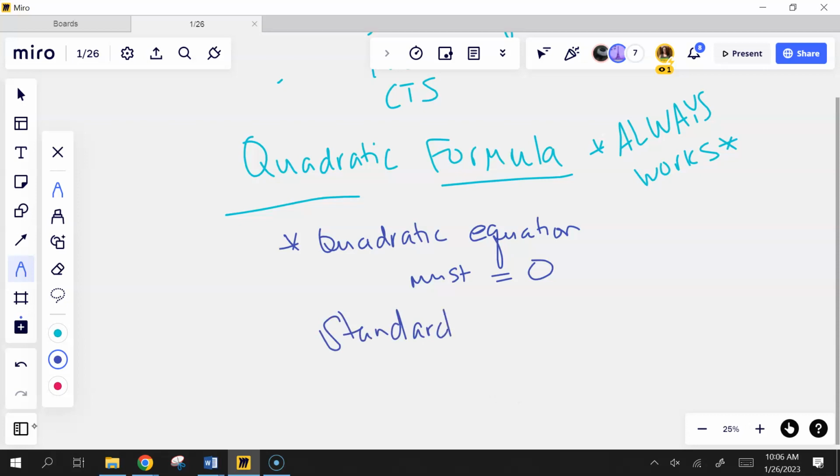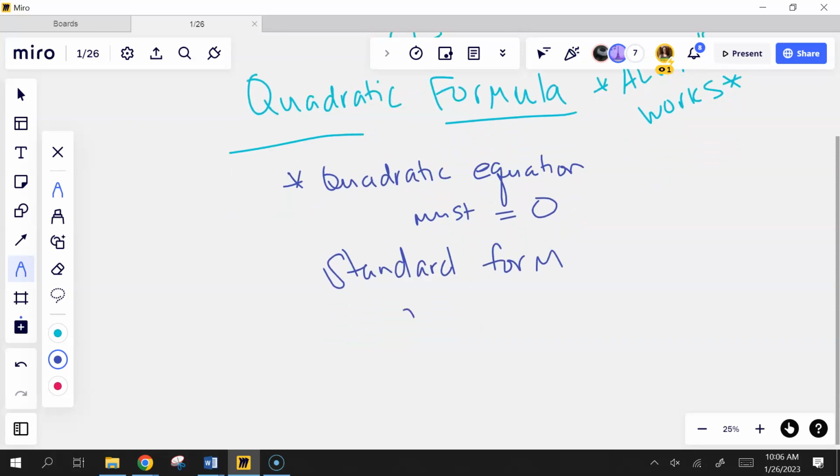What does standard form look like of a quadratic? That's exactly right. ax squared plus bx plus c equals 0. Anybody confused so far? We're doing the same thing a different way. Remember, we're trying to find what x equals.